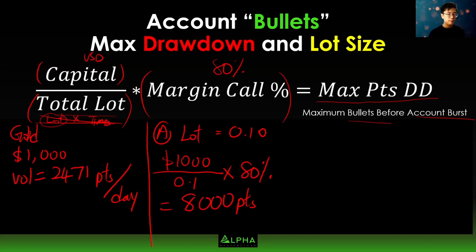And now, after you've done this, you take a division. Divide by 2471, which is equal to 3.23 days.